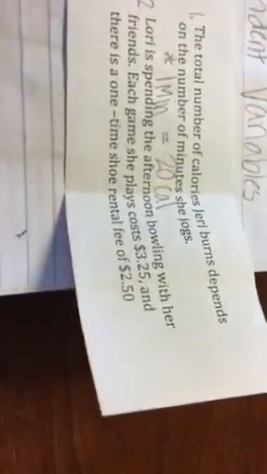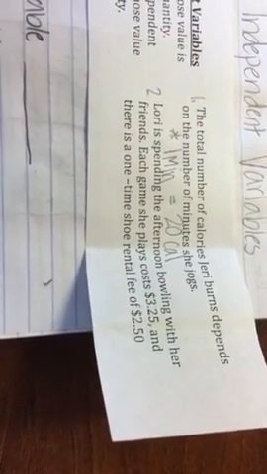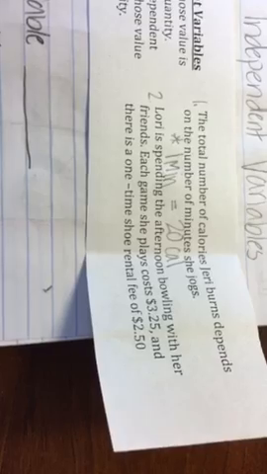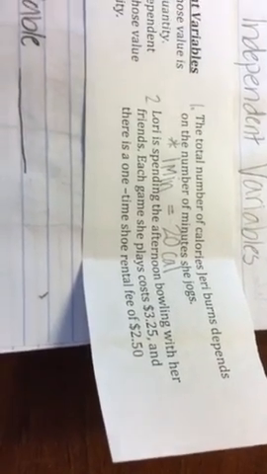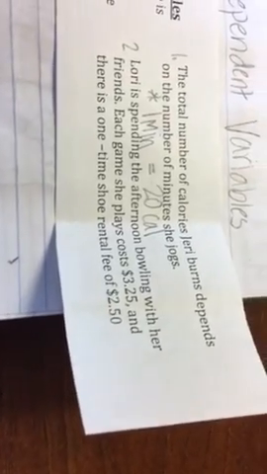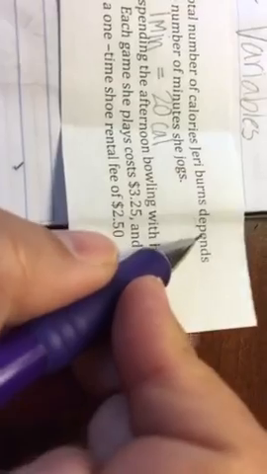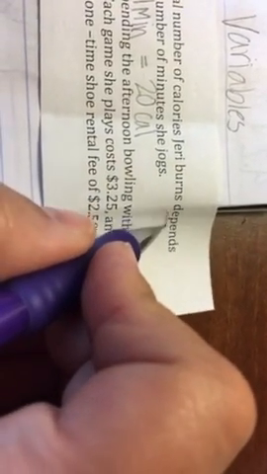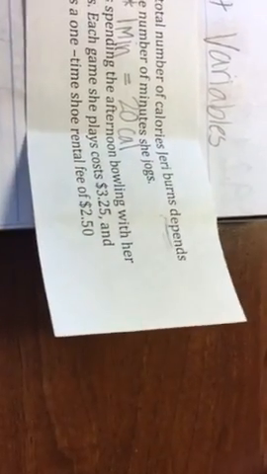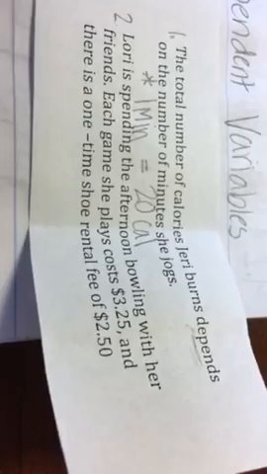It says that the total number of calories Jerry burns depends on the number of minutes she jogs, and 1 minute equals 20 calories. You can see this word right here, depends. That's nice and helpful. So we have to ask ourselves, what numbers are we working with here? What is our dependent variable?